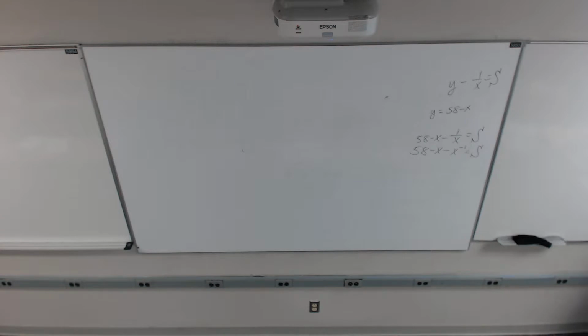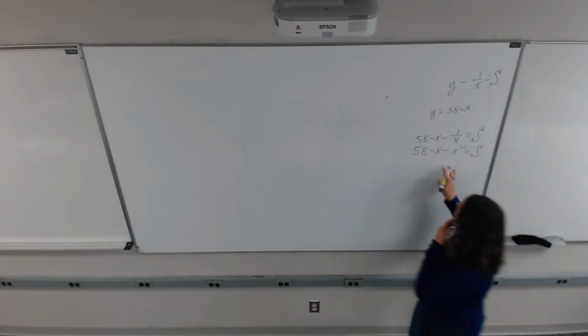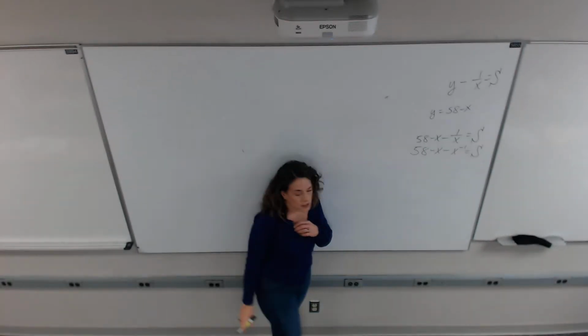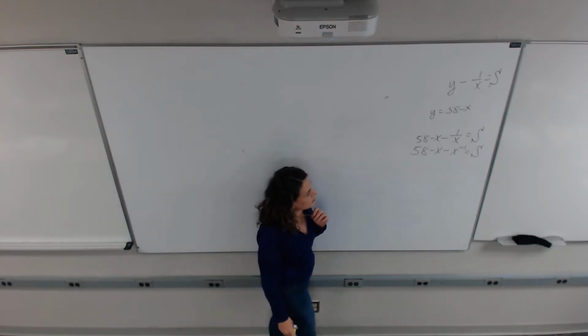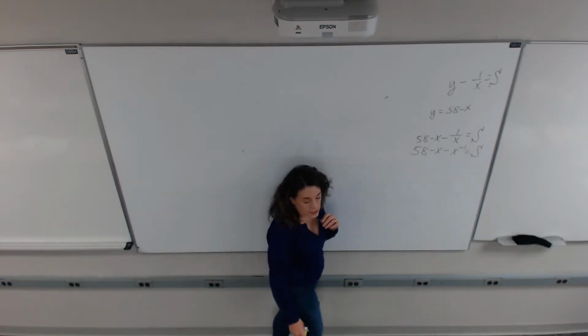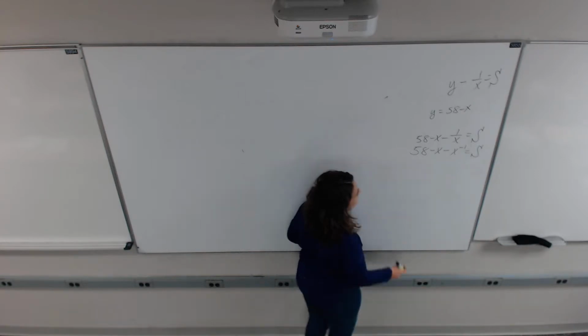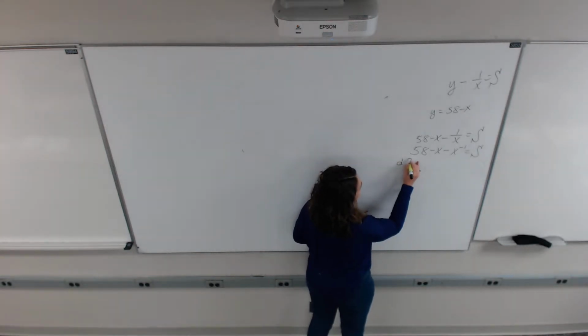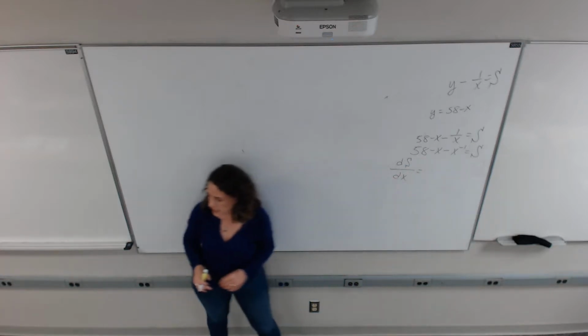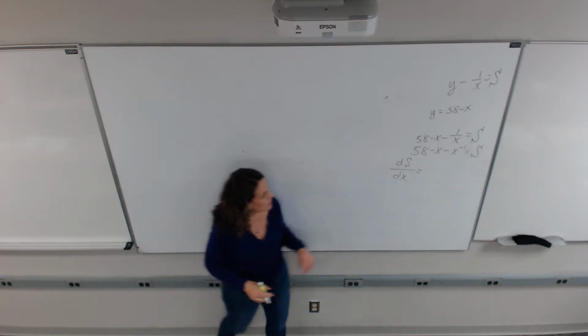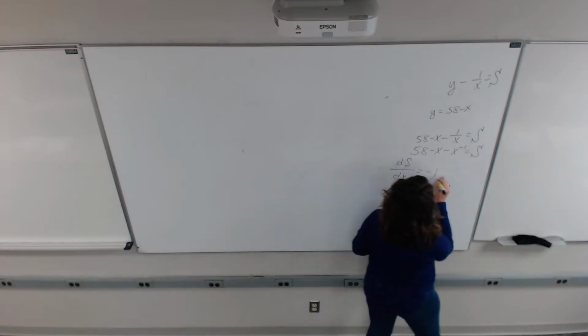And then maximizing and minimizing. Again, you need to take the derivative, you need to find the critical values. We don't have a closed endpoint this time, so I think it's going to have to be at the critical values. So the derivative with respect to x, the derivative of 58 would just give you 0. The derivative of negative x is negative 1.